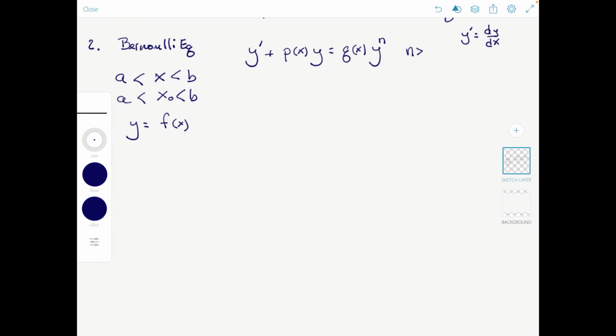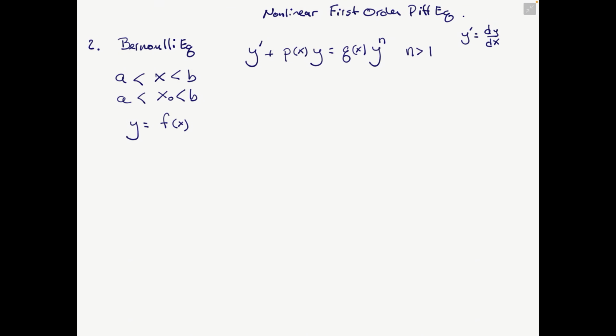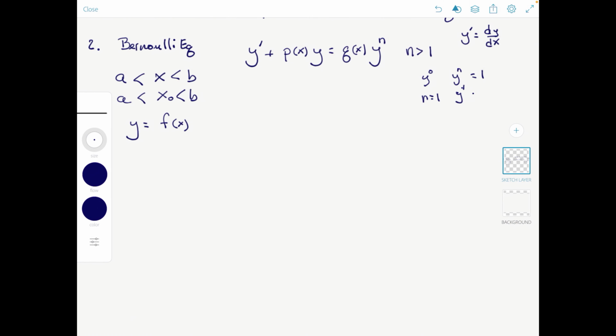So the equations that we looked at were y prime plus p of x y equals, let's say, q of x y to the n, where n is greater than 1.